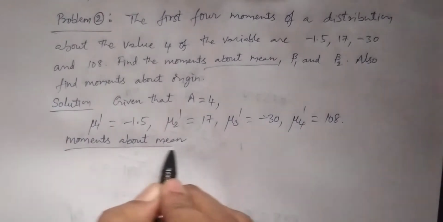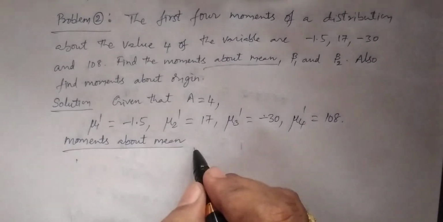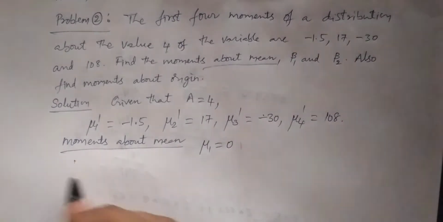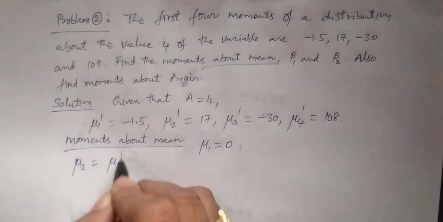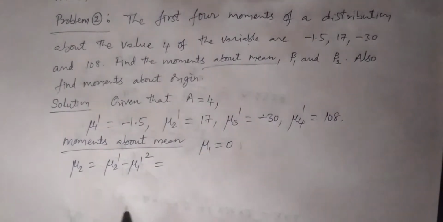So mu1 is equal to 0, obviously, no need to use any relation, and mu2 is equal to mu2 dash minus mu1 dash square. So that is the first relation.